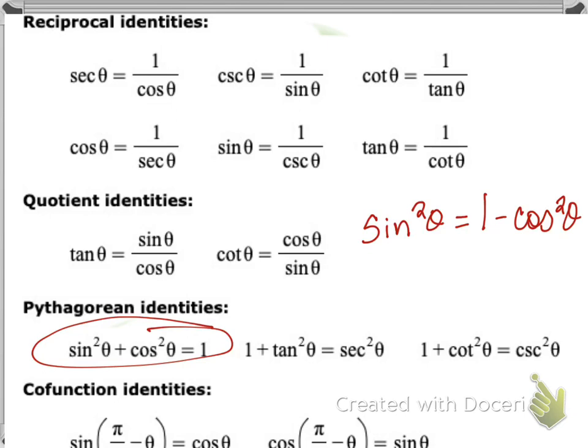We already did that once, so I'm going to do that again. So I've got my 1 minus cosine squared of theta. I am going to take that out, and I am going to put sine squared of x times secant of x. The reason that I'm allowed to do that, the rule that I'm following, is a Pythagorean identity.